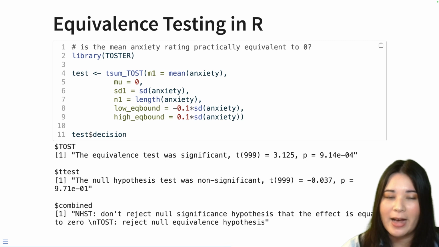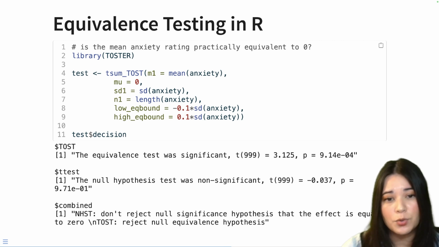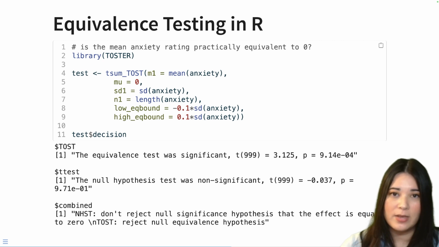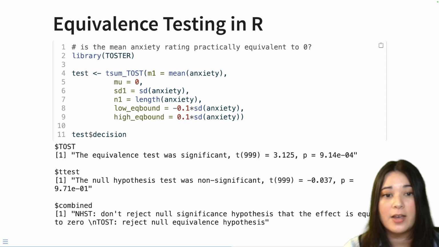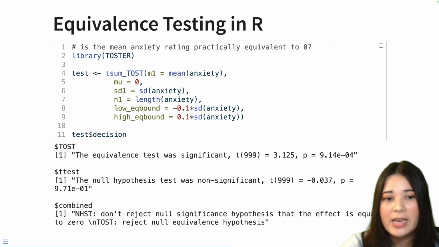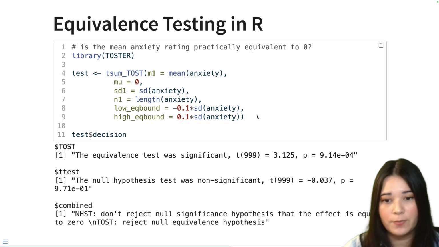In R, there's a package called TOSTER that will allow you to run these two one-sided t-tests. For instance, here, I'm testing whether the mean anxiety rating of a group that I've sampled is equivalent to the population mean rating of 0. All I have to do is provide the mean, the standard deviation, and the number of values, and then I have to provide my lower and upper bound for my interval null.